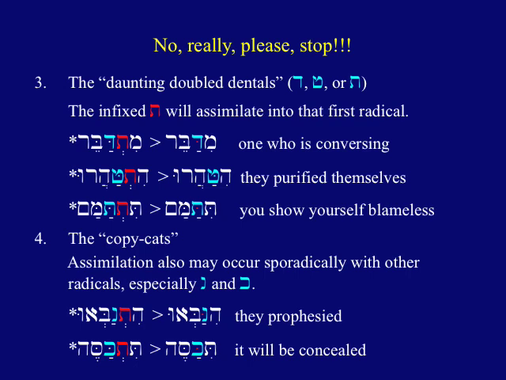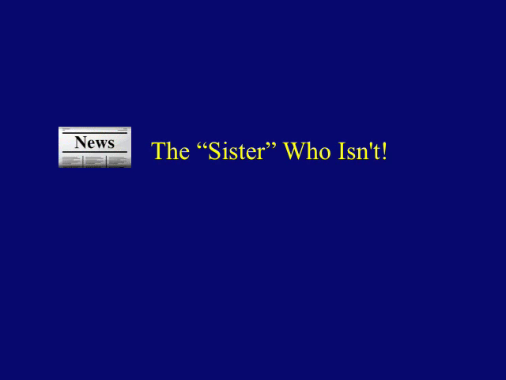So it's third person feminine singular. Tikaseh. It will be concealed or it will conceal itself. The assimilation of the tav into the kaf, it just slaps you right upside the head. Who's going to see it coming? Nobody. But now you know. Last thing to look at before we take a break. And the last impossible thing you need to swallow before you take a break.